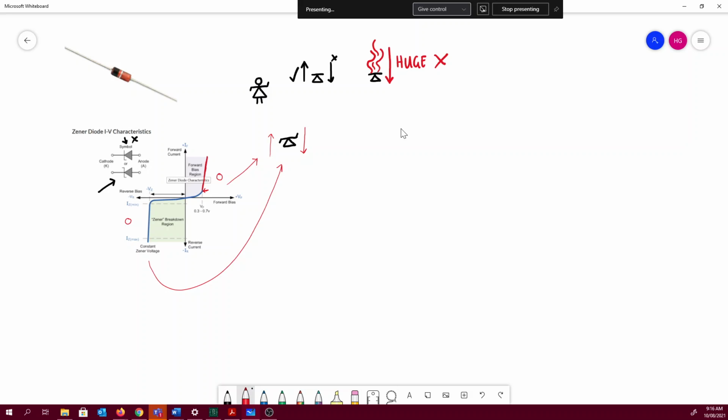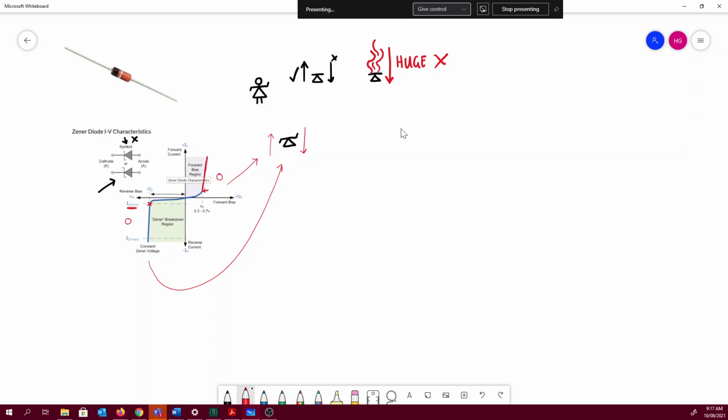That's IZ, I for current, Z for Zener. And that's the minimum, and that point is about here on our graph. What this is showing you is that you have to get a certain current flowing through that diode in the reverse bias direction before it will actually start allowing current to really flow through.